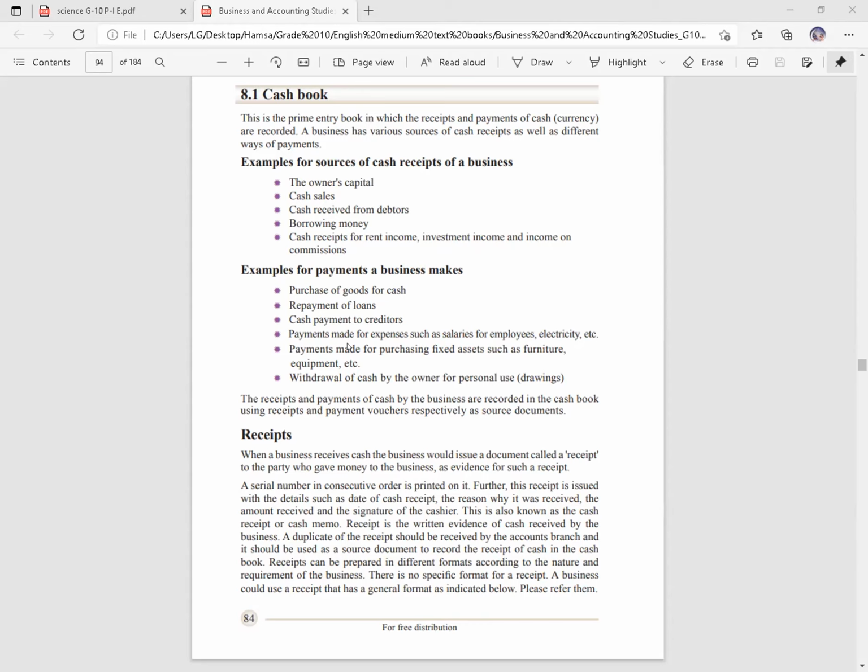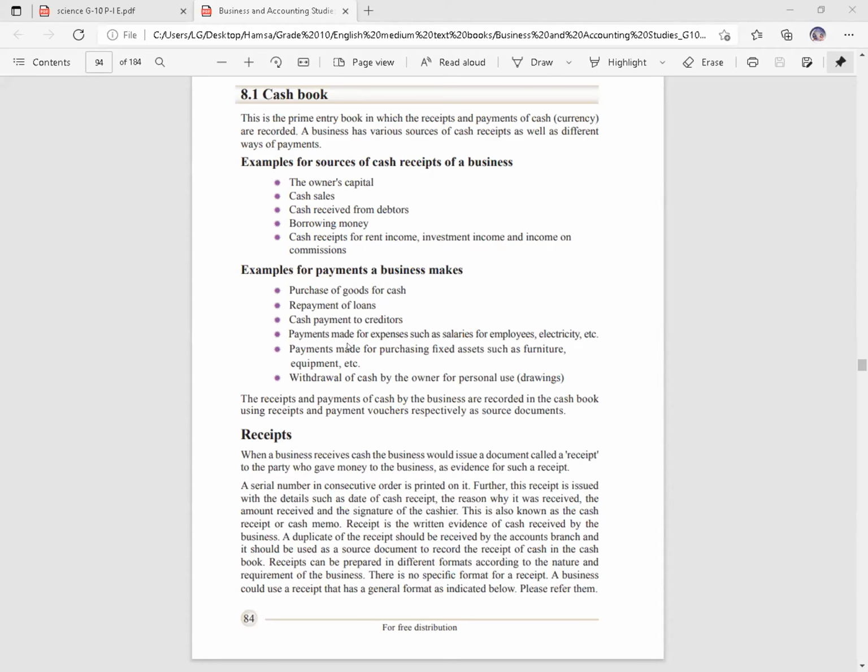Income on commission. So these are the cash receipts of a business, right? These cash receipts are recorded on the debit or credit side of the cash book? Debit side.